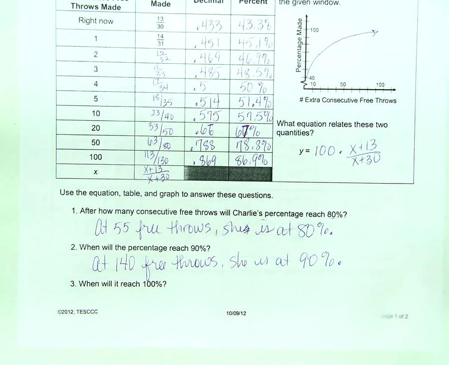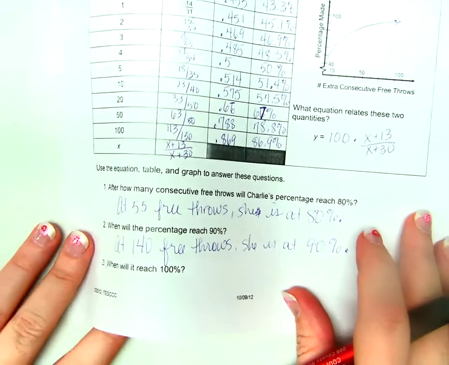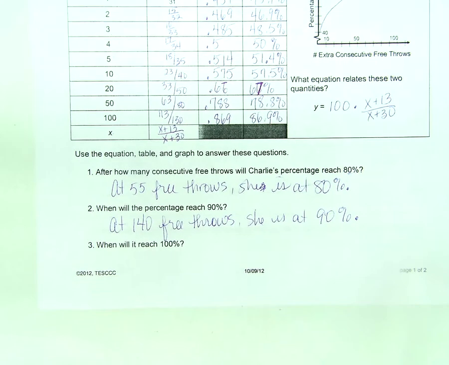When will she reach 100%? What do you mean never? Surely it'll get close enough to get to 100. So it'll eventually get to where you can round to 100. And if you really want to get technical, your calculator can't even handle it, and it gets to 100. Okay?